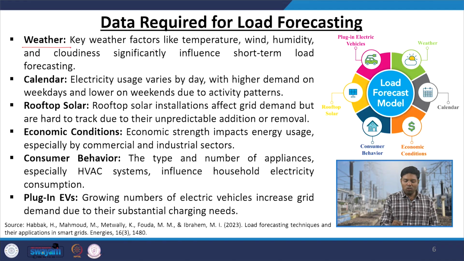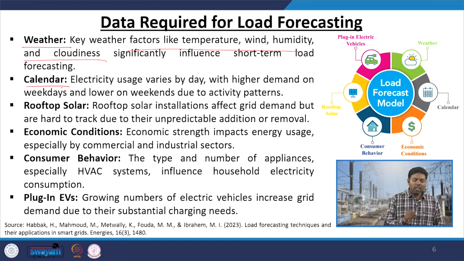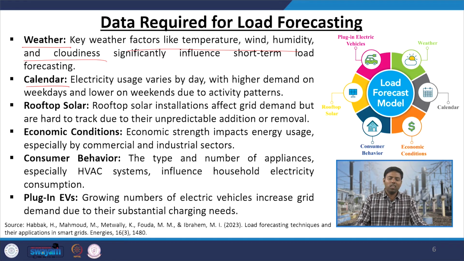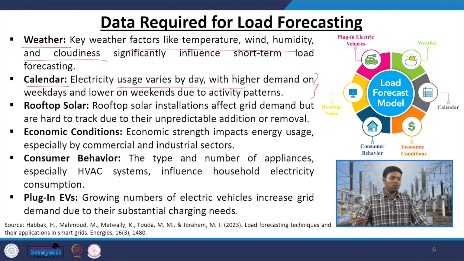So, always you require the temperature, wind, humidity and cloudiness data from the meteorological department. Second, calendar data, for which day it is a holiday or a working day or a weekend or weekday, which day you are trying to predict for your load. So, that data you need from your calendar.